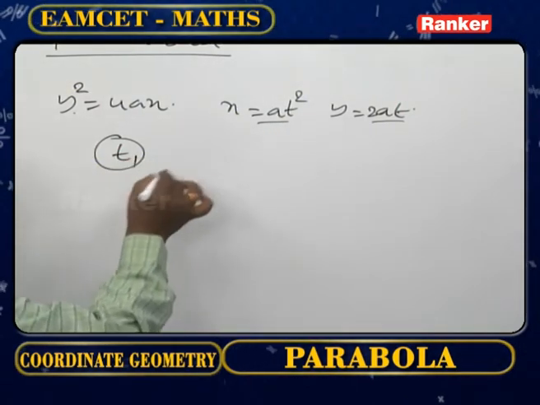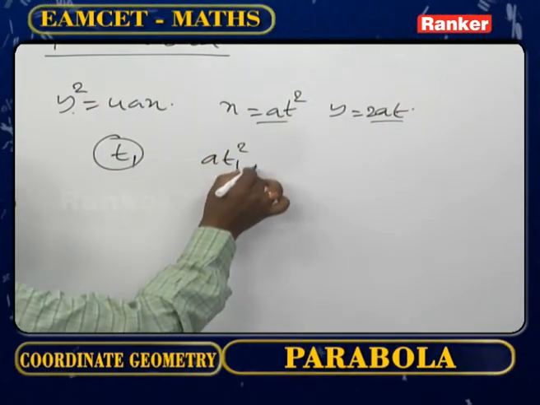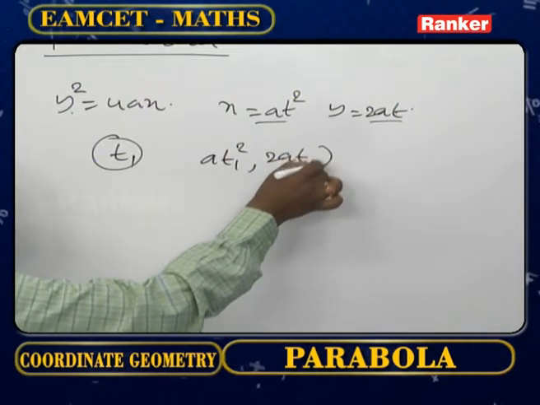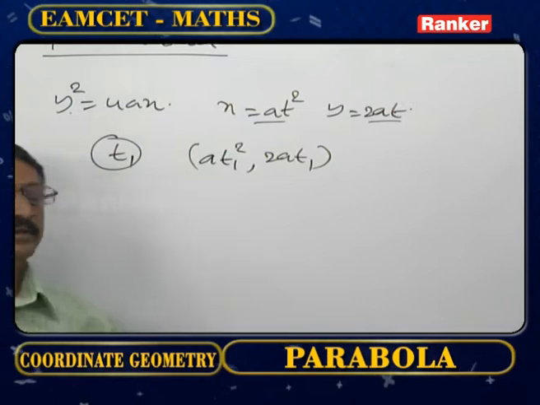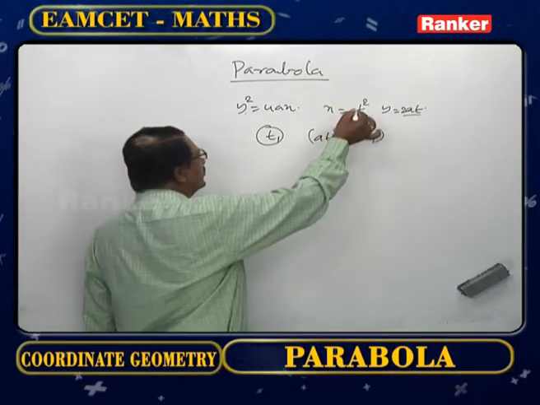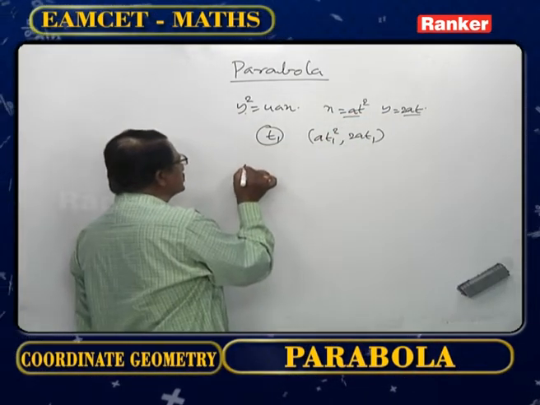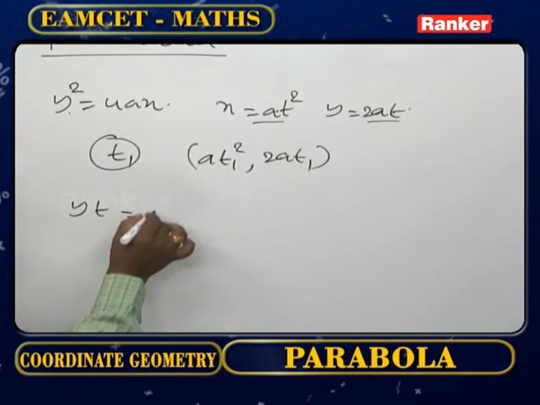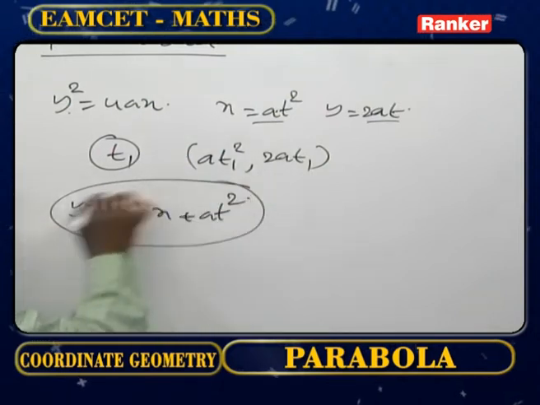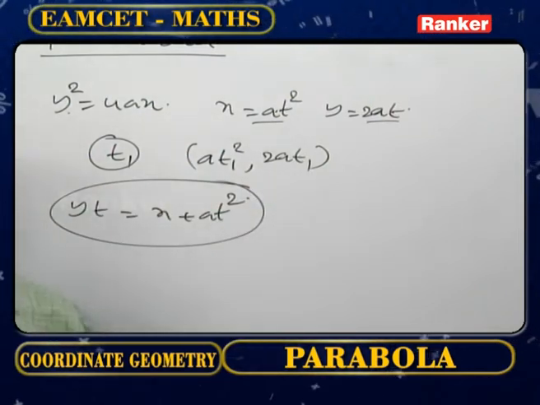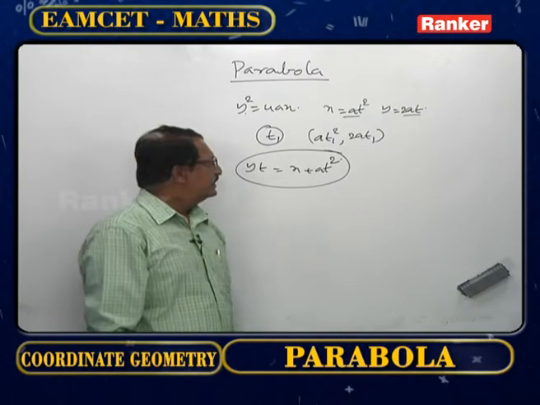Suppose the point t1 means (at1², 2at1), and similarly point t2 means (at2², 2at2). The equation of the tangent at the point t is yt = x + at².